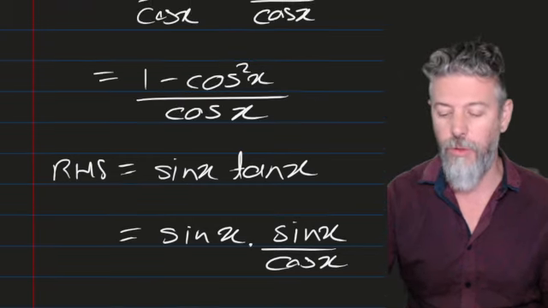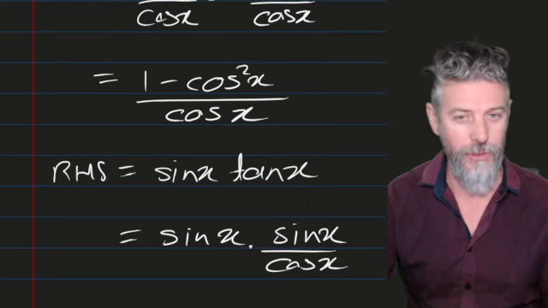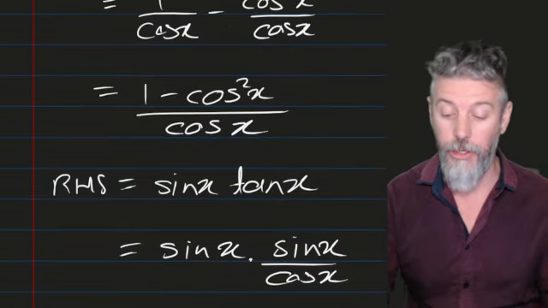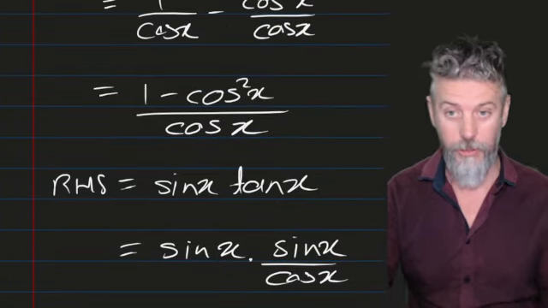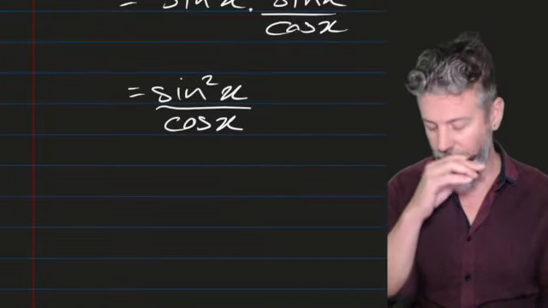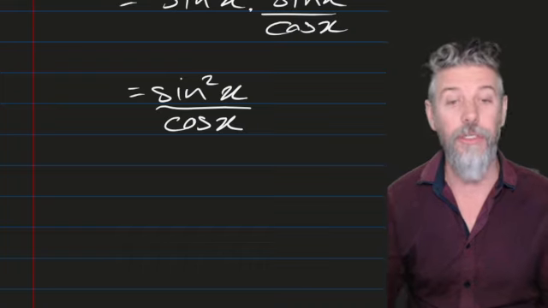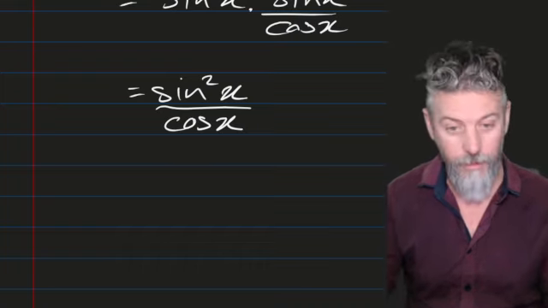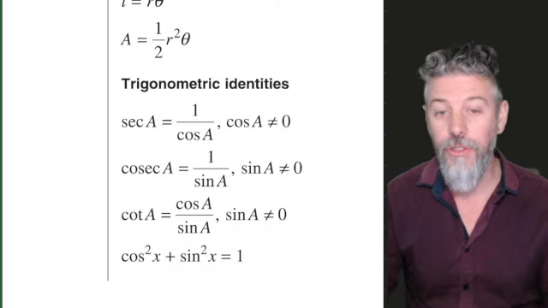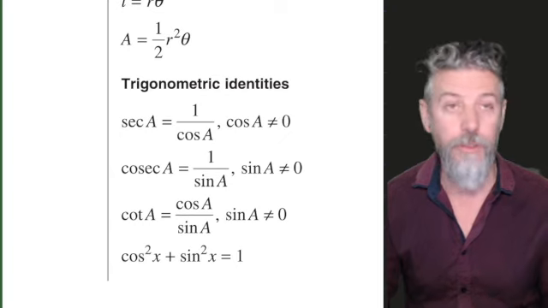It doesn't really look like our left-hand side, 1 minus cos squared x over cos x. And that's because on our left-hand side, we only have cos terms, and on our right-hand side, we've got this sine term. So we need to get the sine squared term into the cos squared term. Well, back to the reference page for our savior, cos squared x plus sine squared x equals 1.